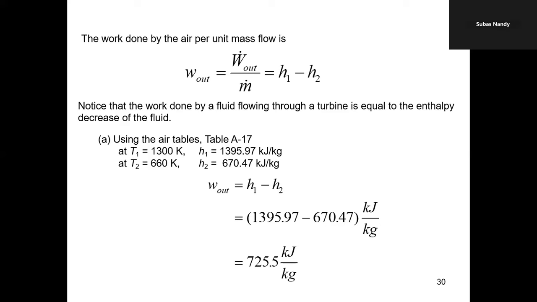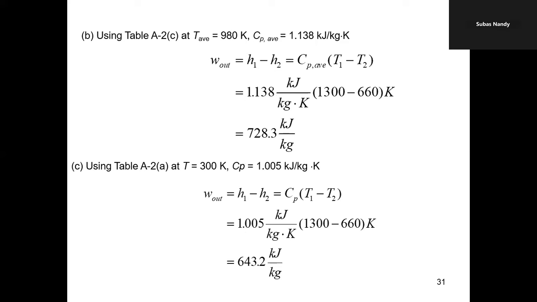We can use air tables to determine h1 and h2, and subtract them out. Again, the difference between small w out and big W out is that small w out is per unit mass, okay?